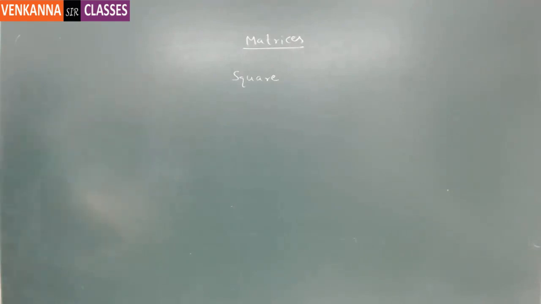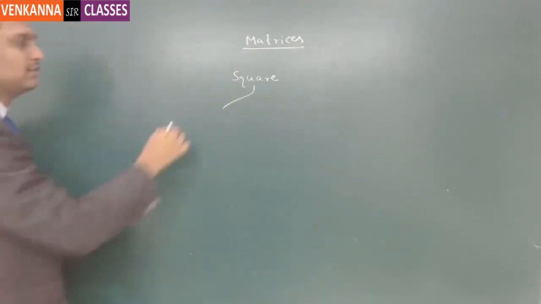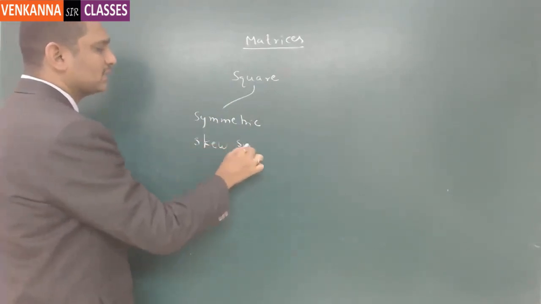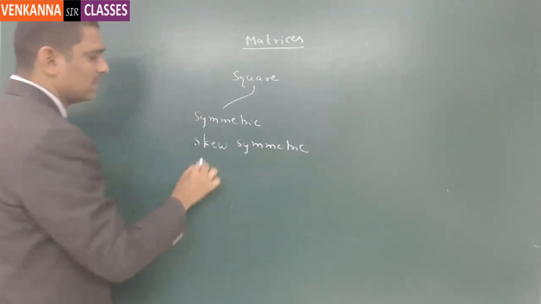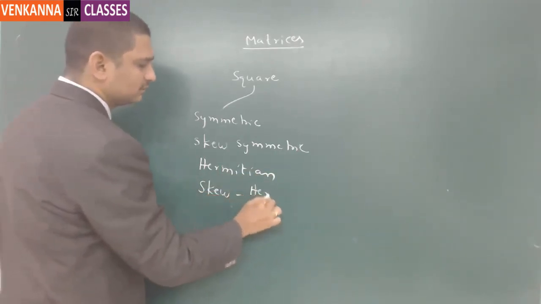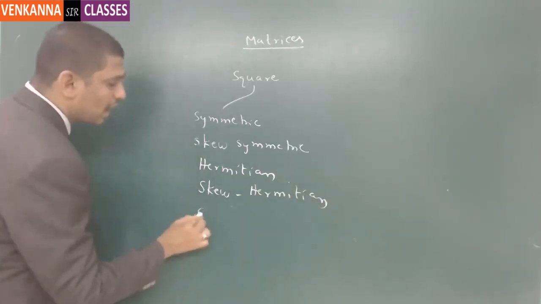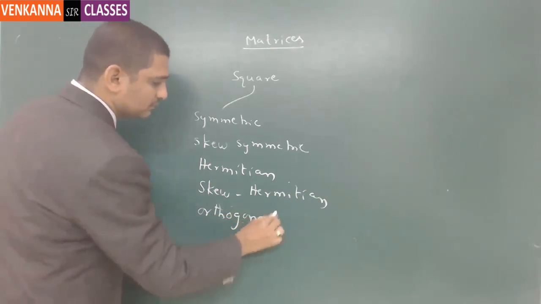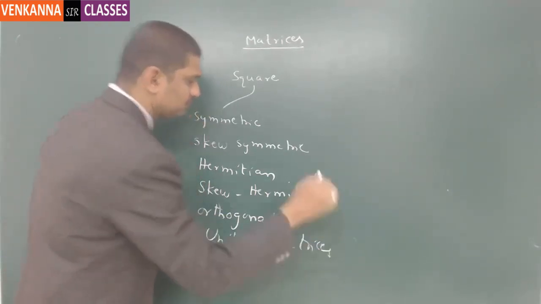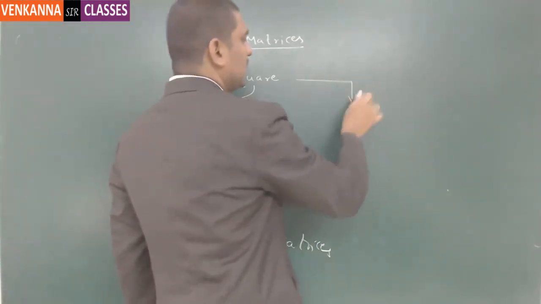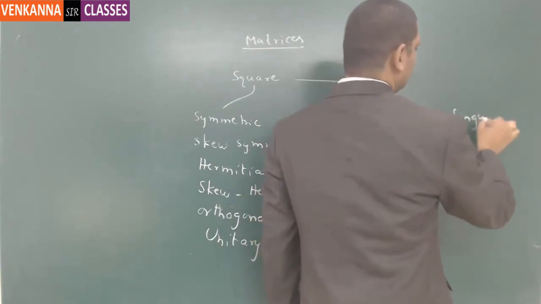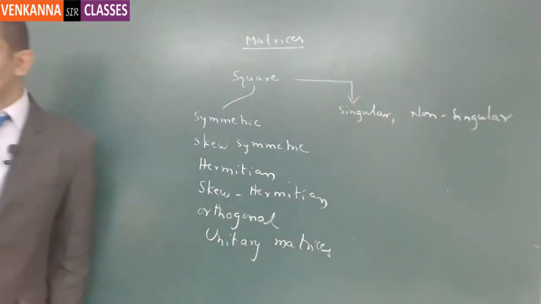And if you consider the types of matrices under the square matrices category, you will have symmetric matrix, skew symmetric matrix, Hermitian matrix, skew Hermitian matrix, orthogonal matrix, unitary matrix, and you will say singular and non-singular matrices, and these properties are known to you.